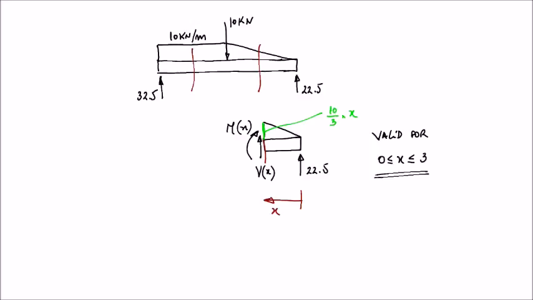So what we have to do now is, for the transverse shear forces, we have to do the summation of forces in the y direction, saying that it is equal to 0.